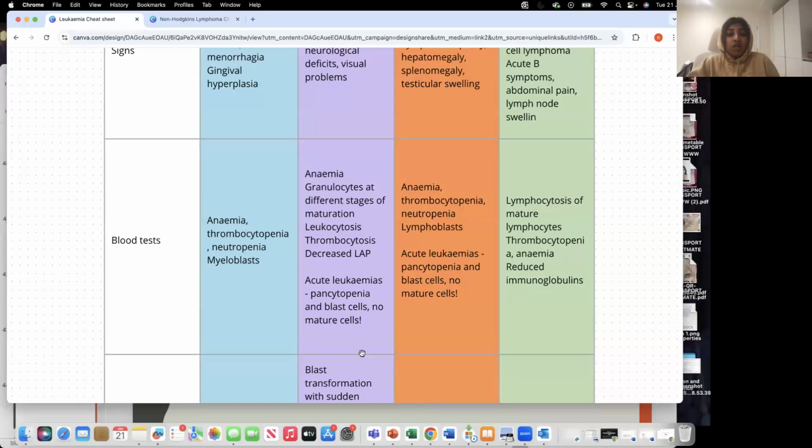Acute leukemias can cause pancytopenia and blast cells with no mature cells. That bit should actually be in the AML section, sorry. But in any acute leukemia, basically the blasts multiply so much that all the other cells get suppressed, so you get pancytopenia, and there are no mature cells because they haven't had time to mature.